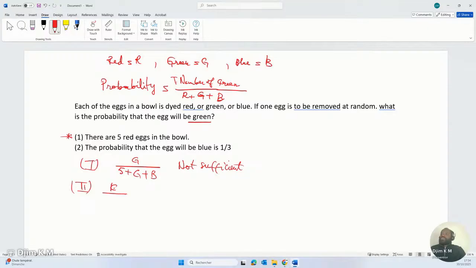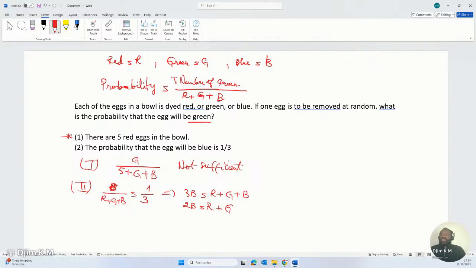So blue over red plus green plus blue here is equal to 1 over 3. 3 blue equal to red plus green plus blue. 2 blue is equal to red plus green.